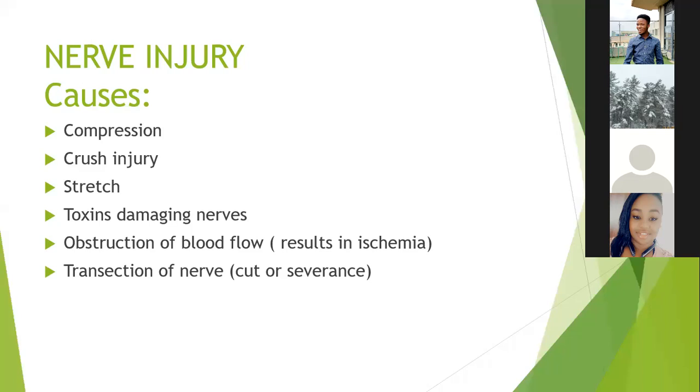What happens if you remove that compression? Do you still continue feeling numb? No. How many still continue feeling numb after they have removed the compression? So the question is, have you regained sensation?